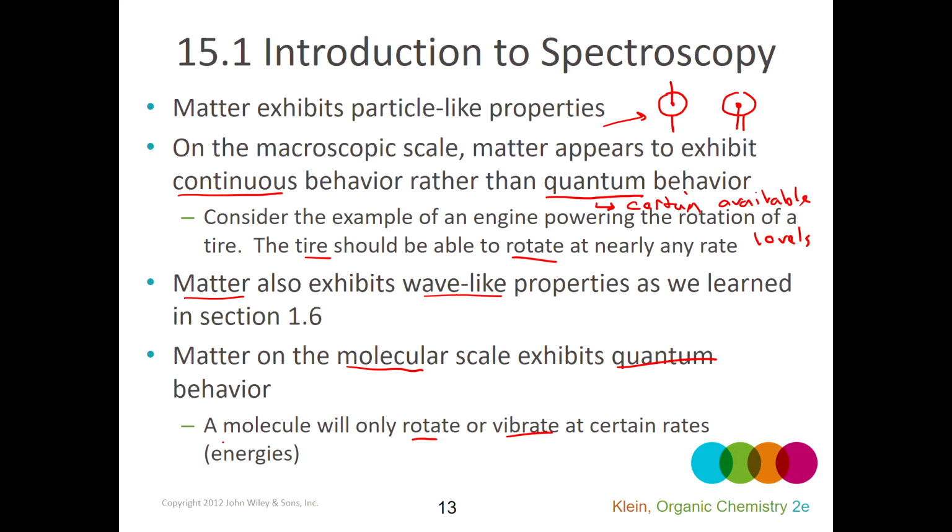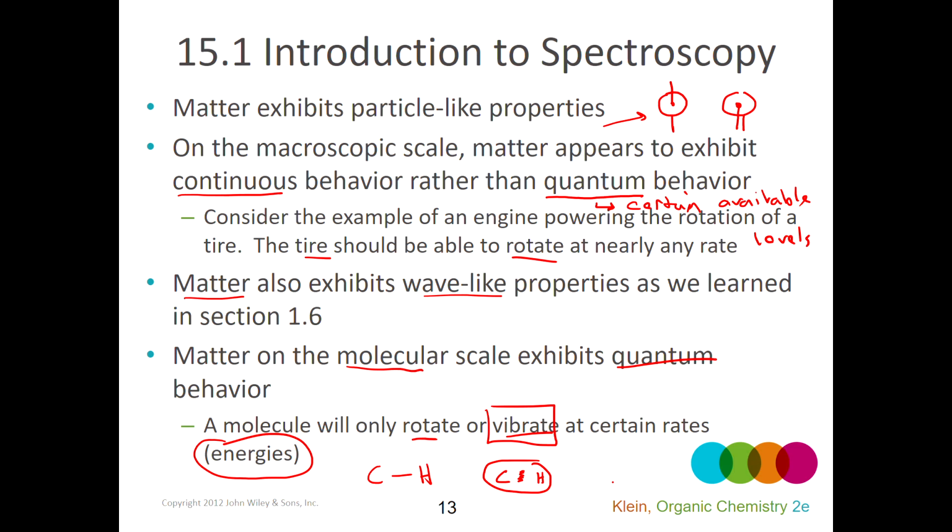And since certain energies are required to cause bonds to rotate, certain energies are also required to cause bonds to vibrate. So if I think about a carbon-hydrogen bond, we talked about covalent bonds. We said there's a sigma bond there, and the electrons are surrounding the nuclei, attracting to both nuclei.